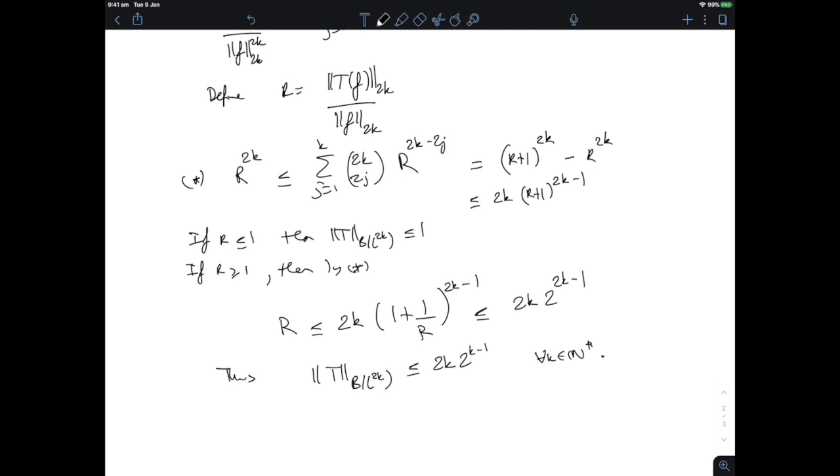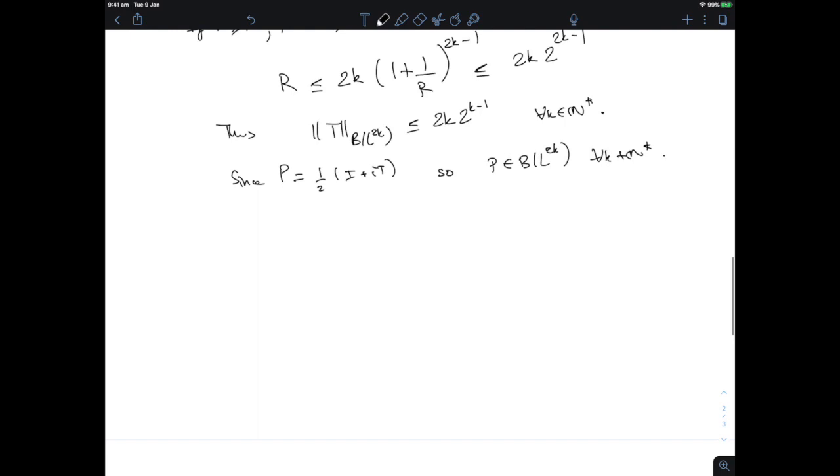But now, that's T, but P is 1/2 of identity plus T. So P is bounded on L^{2k} for all k in N star. And well, we already know that P is bounded on L^2, but we've recovered that.